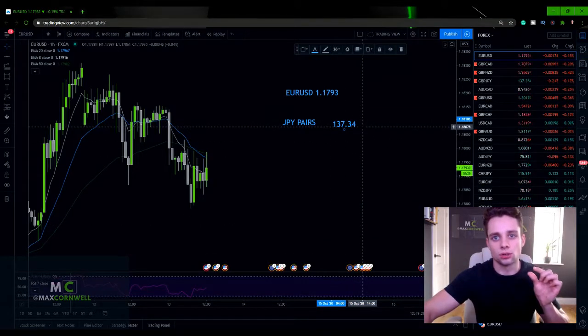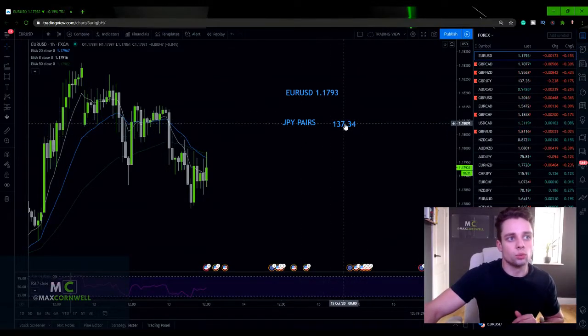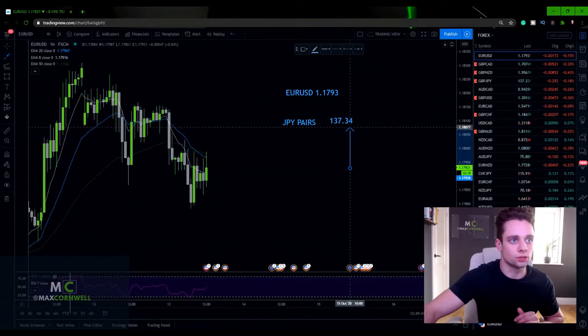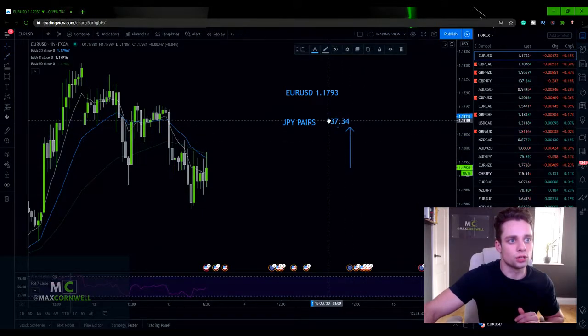You just ignore that value completely. So yen pairs will be quoted to 2 decimal places, and when they're quoted to 2 decimal places, your last number is going to be the pip.